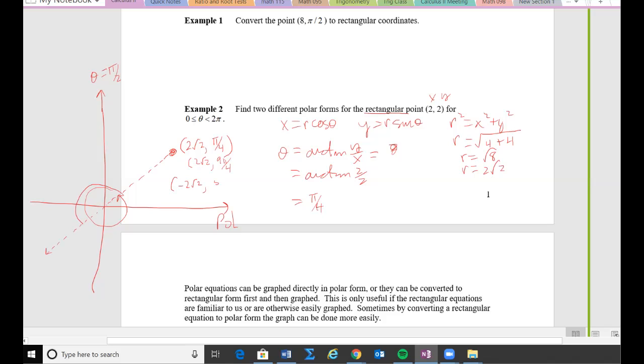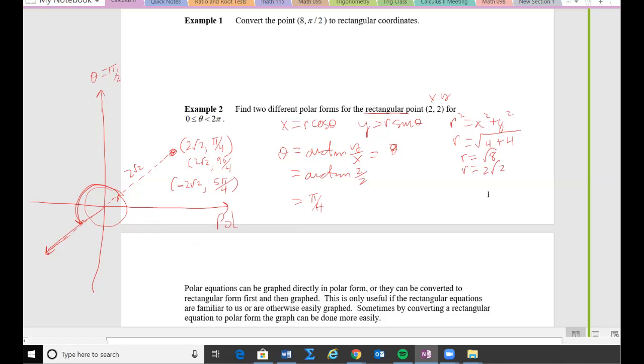I want 5 pi over 4. But then I want to go backwards, negative 2 root 2. So I come out this way, but instead of heading out along the direction of that ray, I go backwards, opposite of that ray, and I end up back over here. That's the 2 root 2 distance.